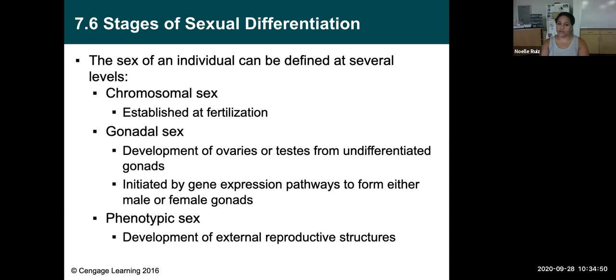Gonadal sex is the development of ovaries or testes from undifferentiated gonads, which we'll talk about a little bit more in a minute. It's initiated by gene expression pathways to form either male or female gonads in the normal, typical pathway. That normal, typical pathway isn't always taken, or something could alter it. And then phenotypic sex, what you see on the outside, is the development of external reproductive structures.